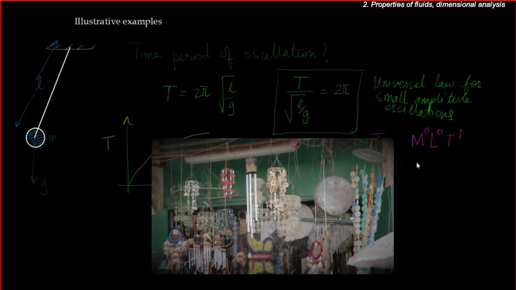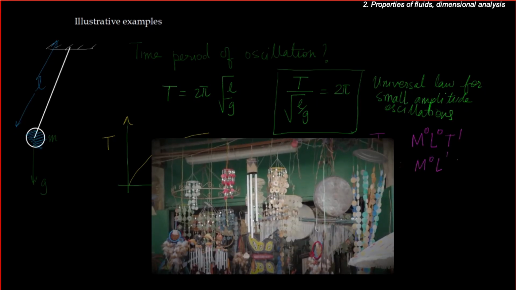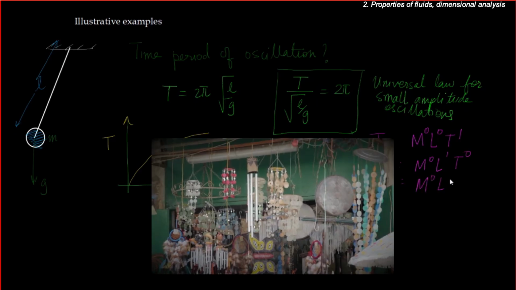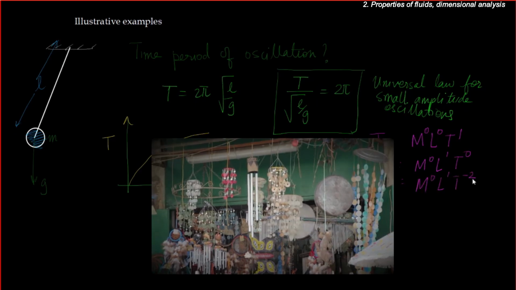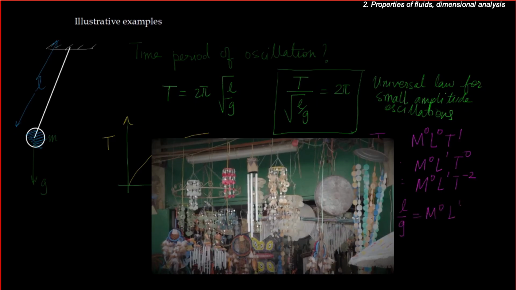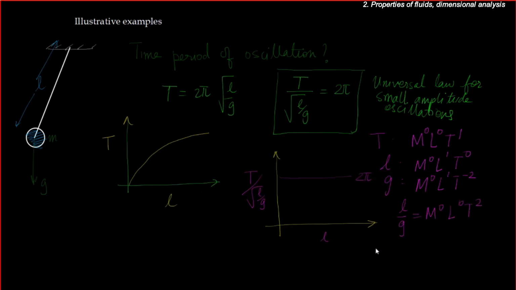Consider the dimensions of time. It is m to the power 0, L to the power 0, T to the power 1. The dimension of length is m to the power 0, L to the power 1, T to the power 0. Dimension of gravity is m to the power 0, L to the power 1, T to the power minus 2. So what is the dimension of L upon g? It is m to the power 0, L to the power 0, T to the power 2.